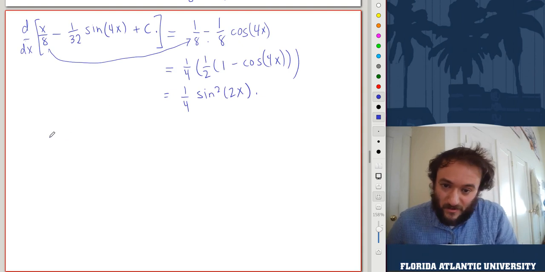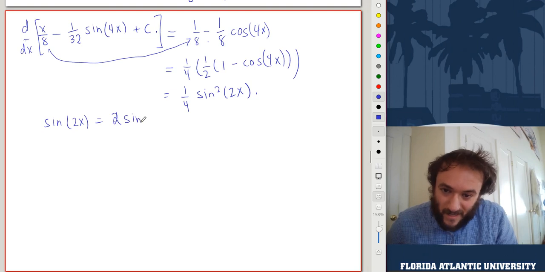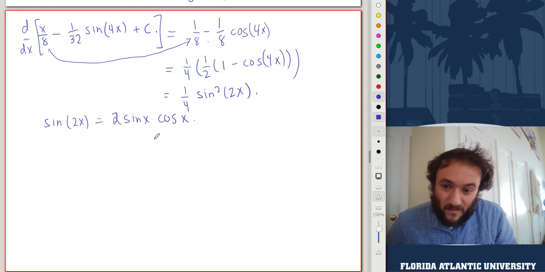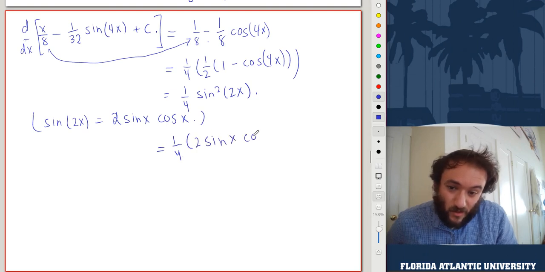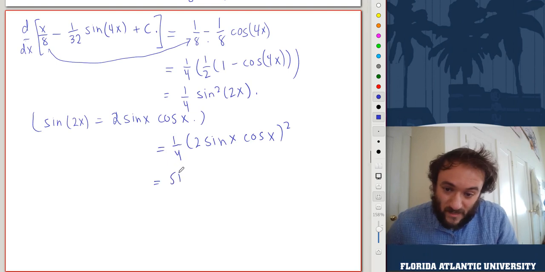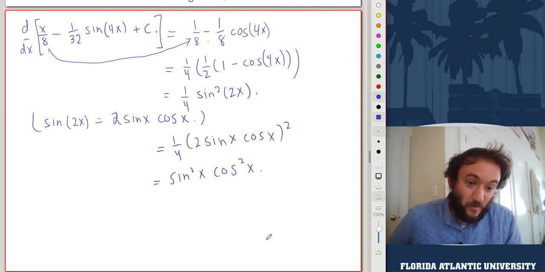And now applying the other double angle formula that we're familiar with, sine of 2x equals 2 sine x cosine x, and plugging that in here, we'll get 1/4 times 2 sine x cosine x squared, which is 4 sine squared x cosine squared x, and the 4's cancel, and we're left with sine squared x cosine squared x, which is exactly what we were hoping for.